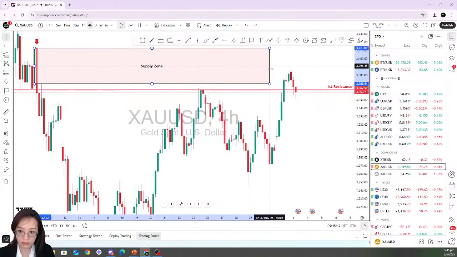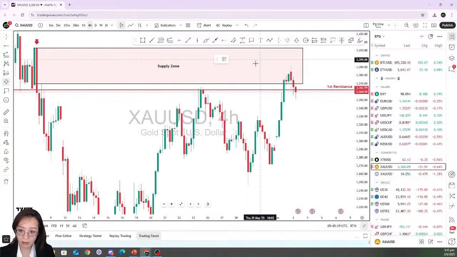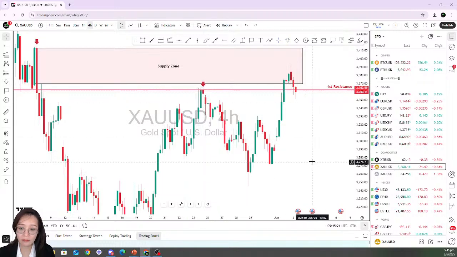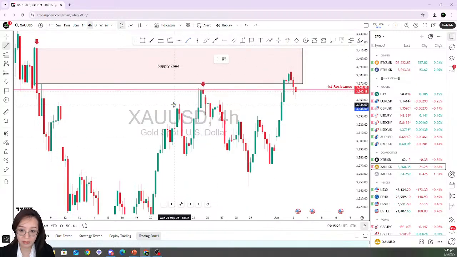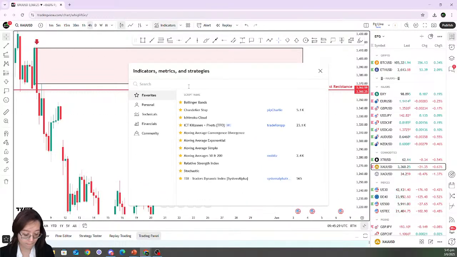You can see it's still a fresh zone right here. So I highlighted this as my supply zone. For the resistance, I sell at this one, and I sell here for the resistance. Remember that there is also divergence here. Remember I shared with you guys how to trade with divergence.